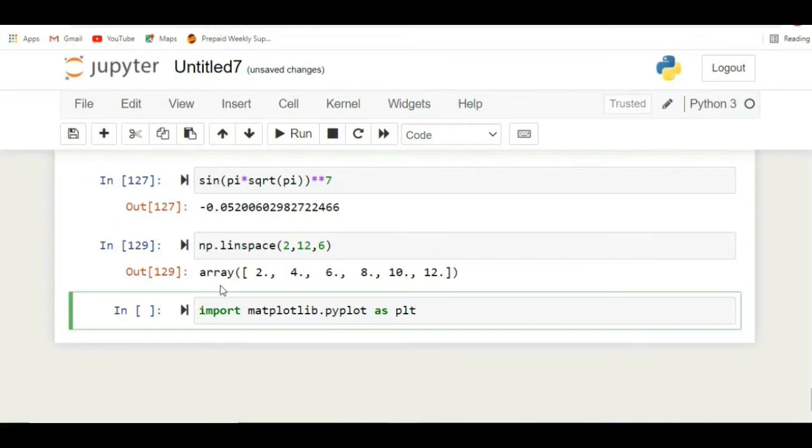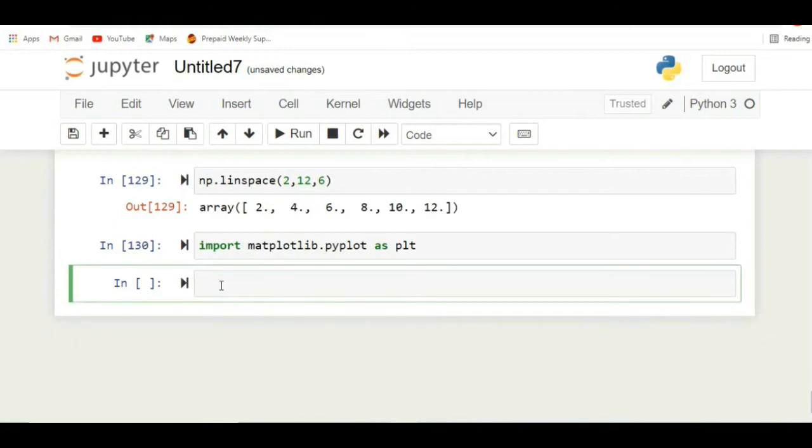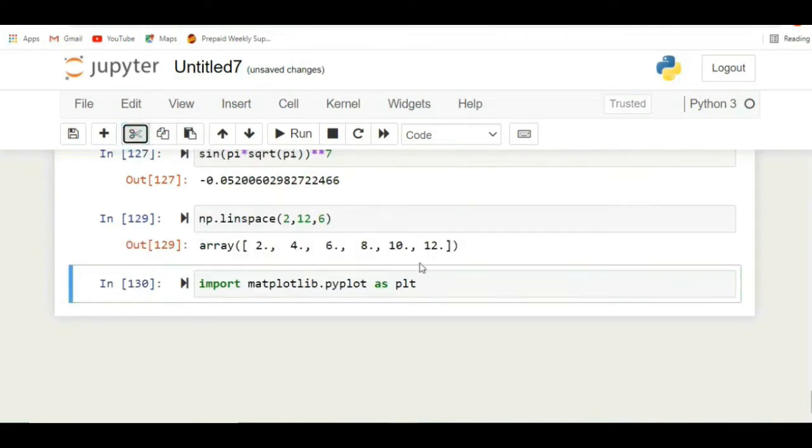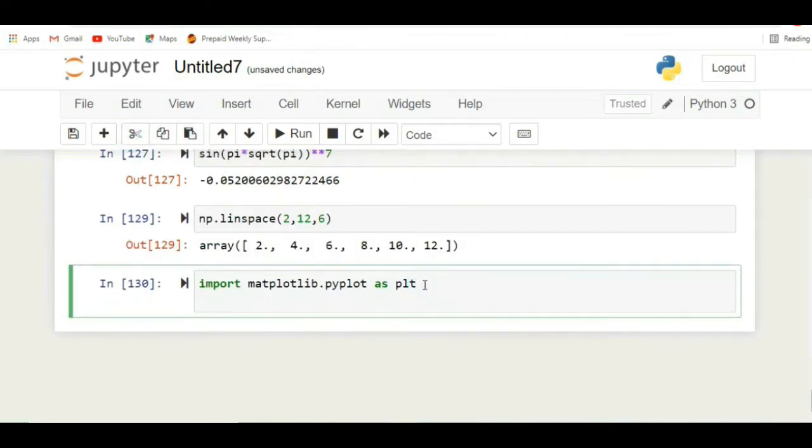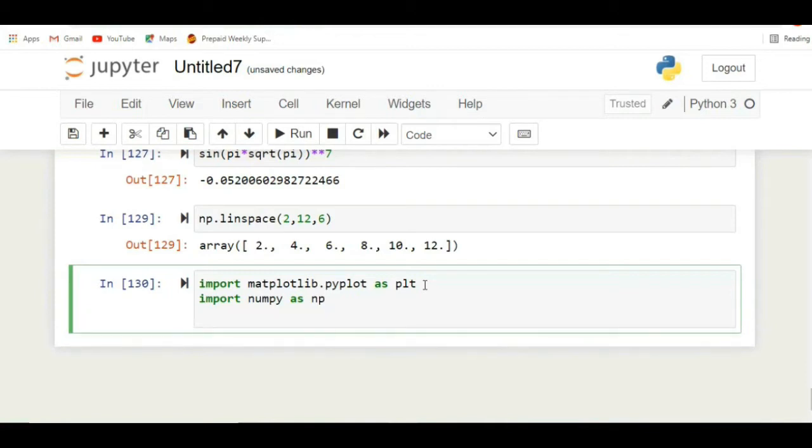Here we shall write another code using matplotlib. After importing matplotlib, now we will import numpy as np.